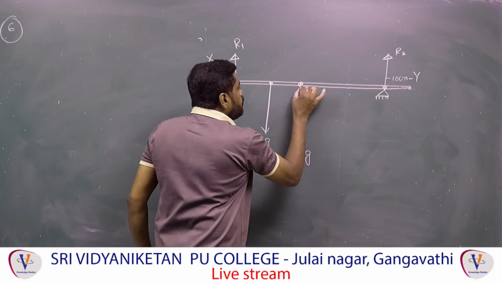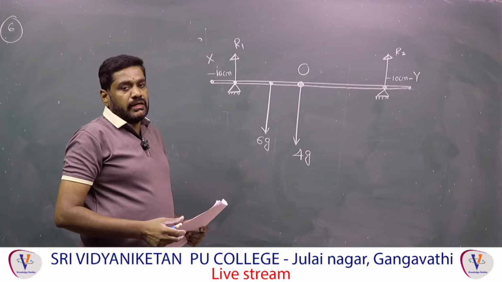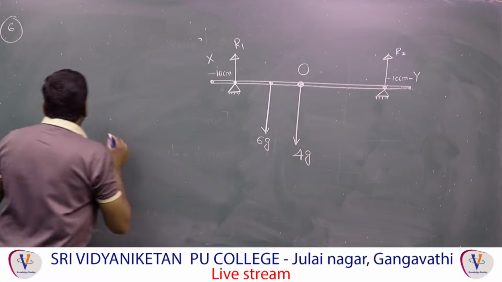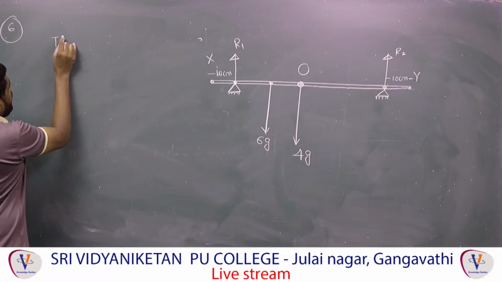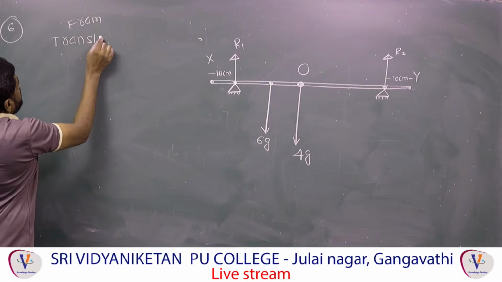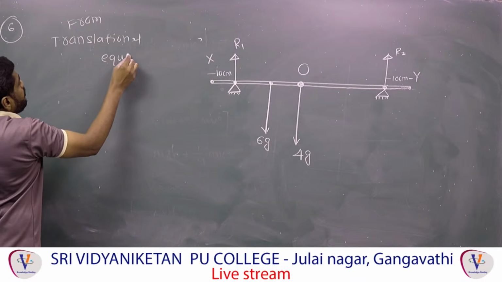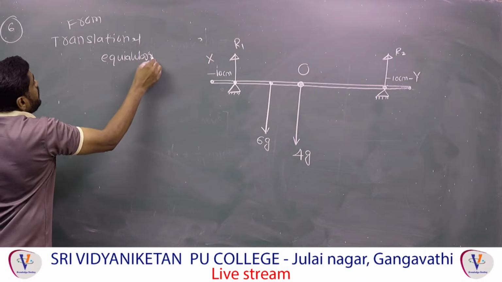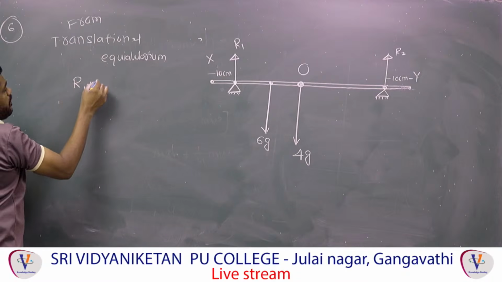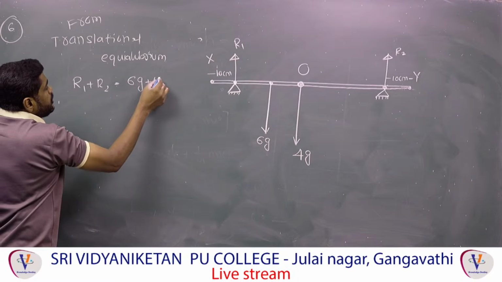With respect to this center that I am taking, we calculate the total torque acting on it. According to translational equilibrium, the total upward force, R1 plus R2, is equal to the total downward force, 6G plus 4G.